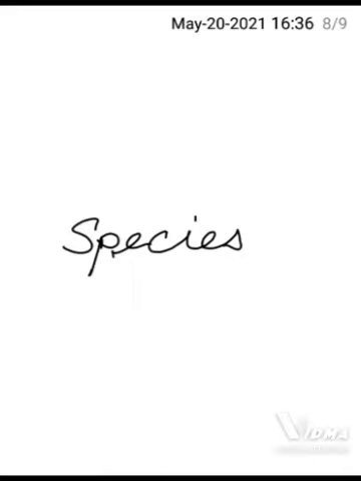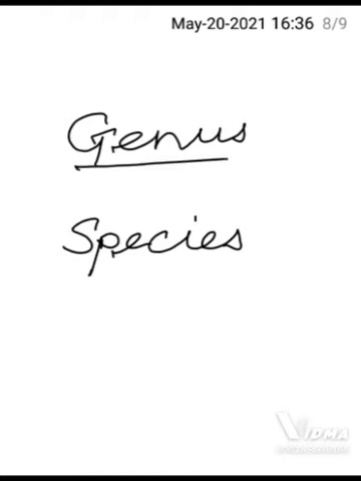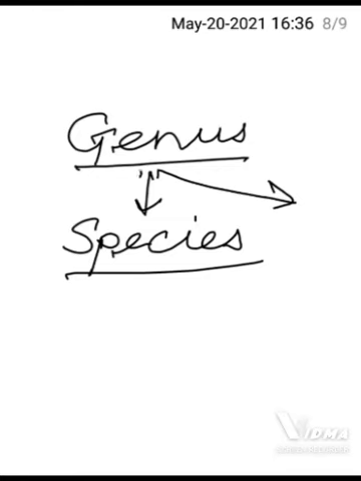Let's see this over this topic, that when we talk of species, the higher taxonomic category is genus. There may be one species or two or more than two. Many species might be included in genus. That is, one genus may have one species, or they may have two, three, or many.